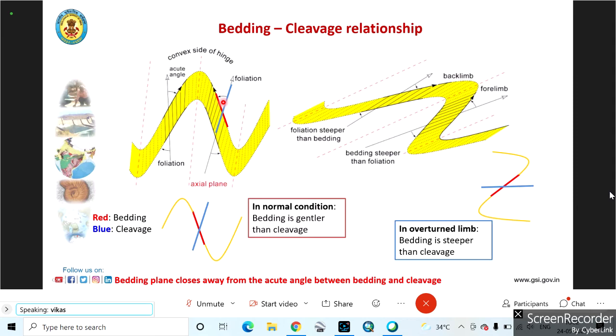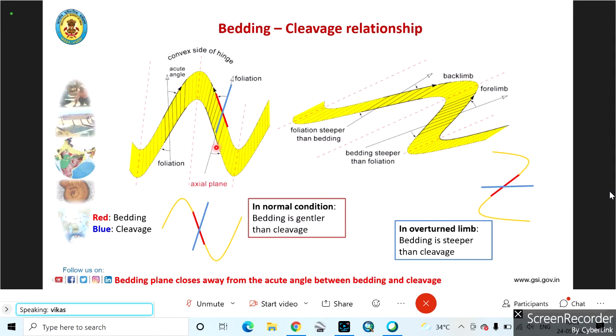So you can notice here that the fold closure of the antiform is happening away from this acute angle between the bedding and the cleavage. Whereas in the bottom part, you see again the acute angle is there, and the beds are moving away from this acute angle. All right. So this is just the thing we have to remember: the beds will move away from the acute angle between the bedding and the cleavage, and the closure will happen there.